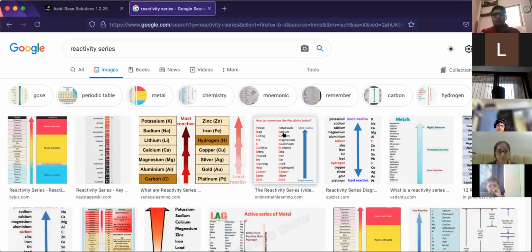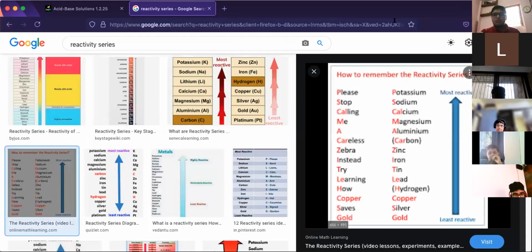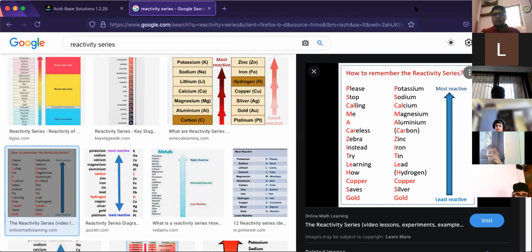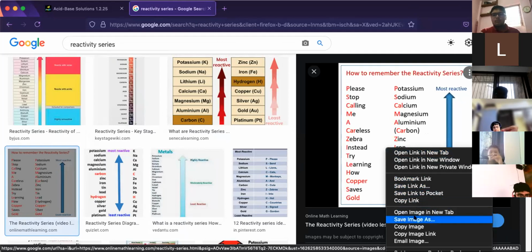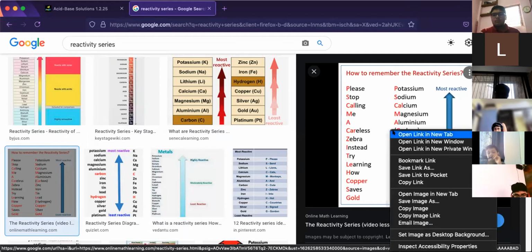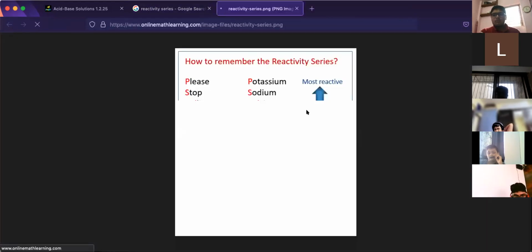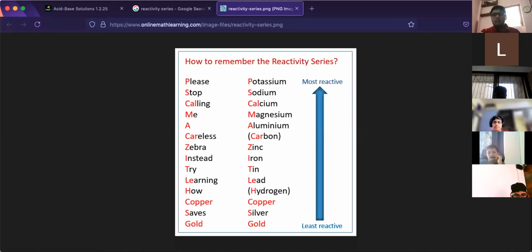So reactivity series, there you go. Based on this reactivity series, I'll give one more reaction. Let me know what the products of that reaction will be.